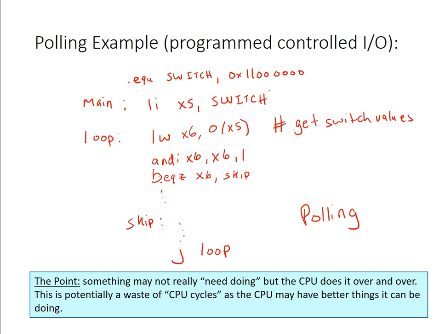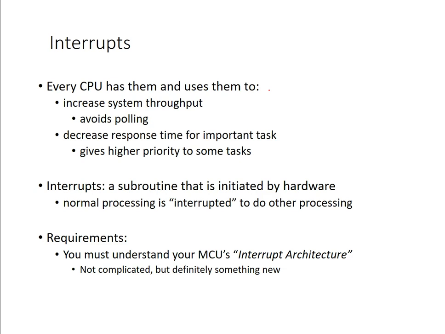And so as you can probably guess, this can be wasteful in terms of performance and energy. What is my CPU doing? It's constantly reading when, say, the switches are not changing and doing this over and over, which we could also say is a waste of CPU cycles. So this is where interrupts come in.